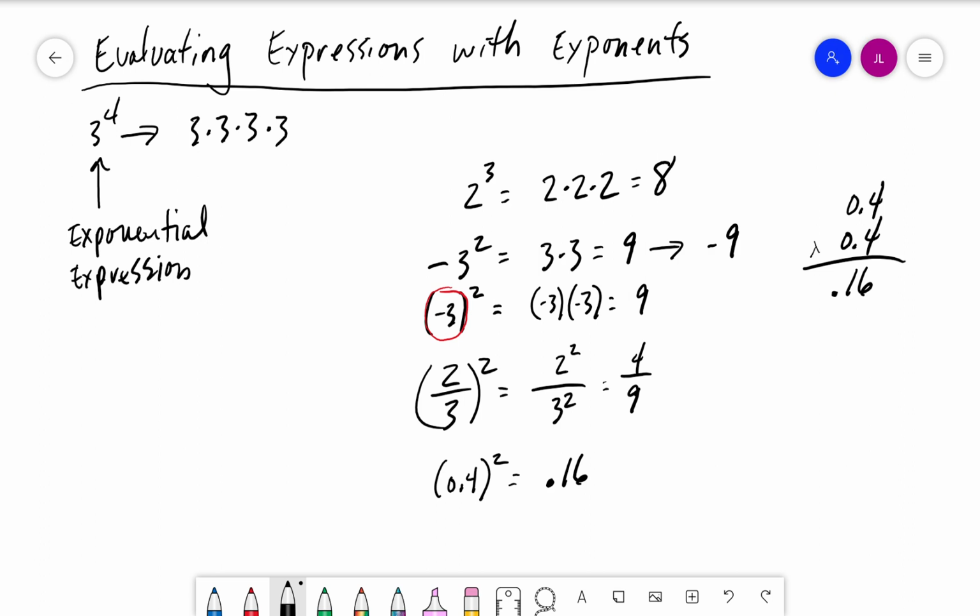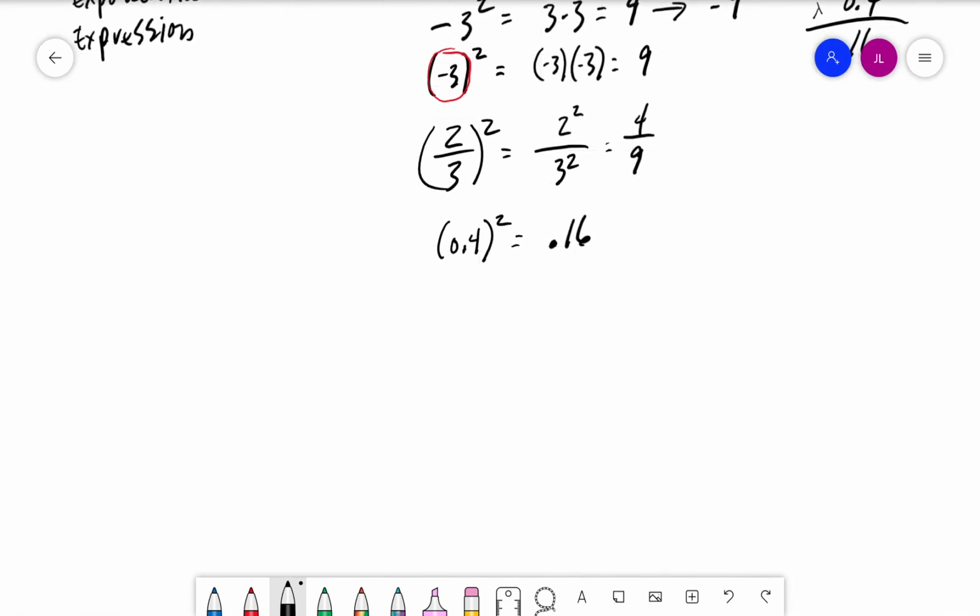And something else to touch on here, another example, that's not the last one, I guess. Whether the base is a number or a variable, it doesn't change how we work at this. So say we have something like 2x squared. Well, that's really saying 2 times x squared.